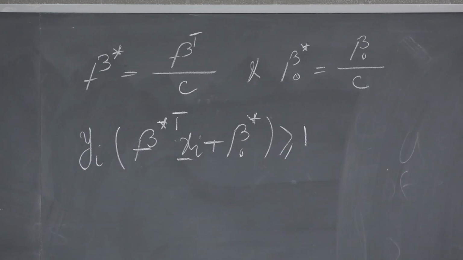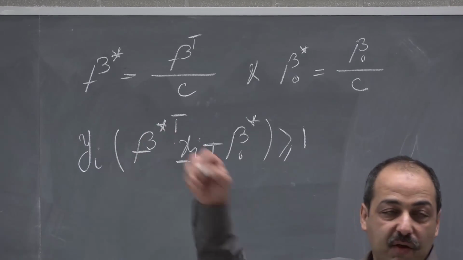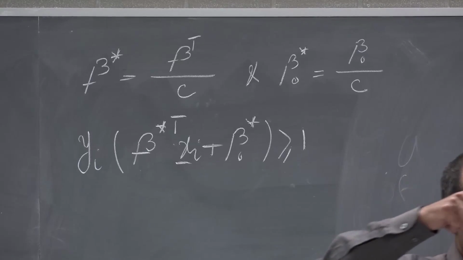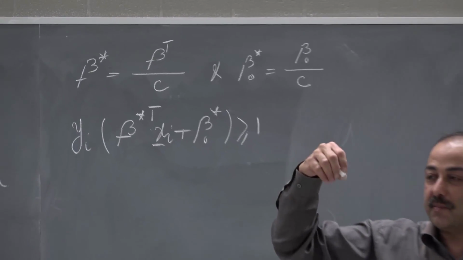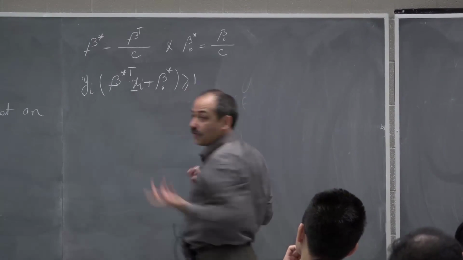Okay. So it means there are some weights: if I rescale beta, and if I rescale beta null, I can always satisfy this condition.